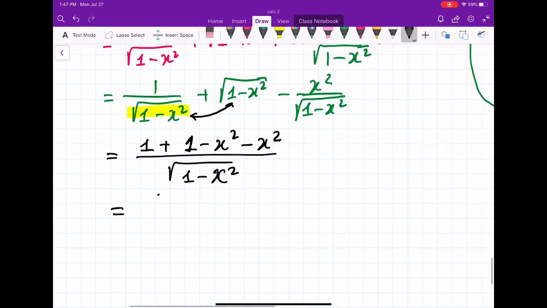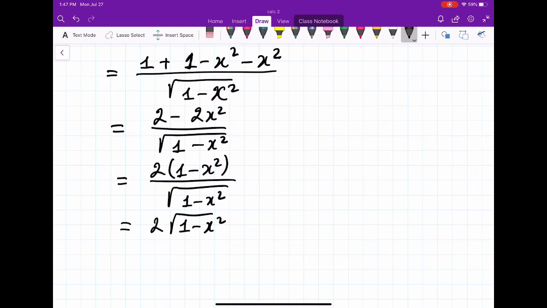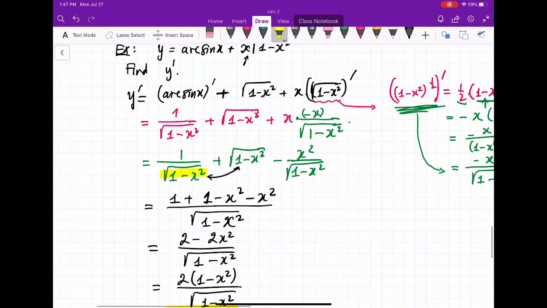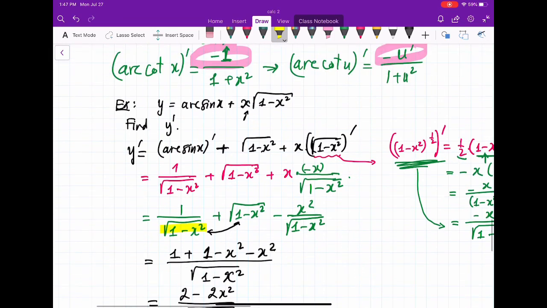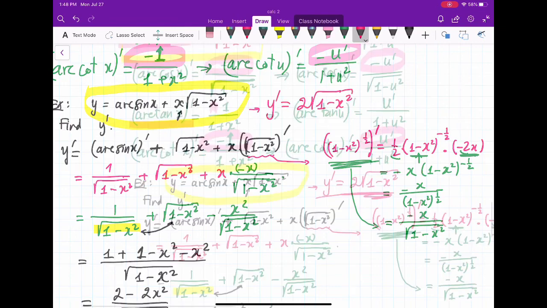So on the top you have 2 minus 2x squared over the square root of 1 minus x squared. It looks pretty nice, right? Because you have 2 in here, and then 1 minus x squared divided by the square root of 1 minus x squared, and that is 2 times the square root of 1 minus x squared. The function looks very complicated, but the derivative is pretty nice. You see, this is your function, and the derivative looks like y prime equal to 2 square root of 1 minus x squared.